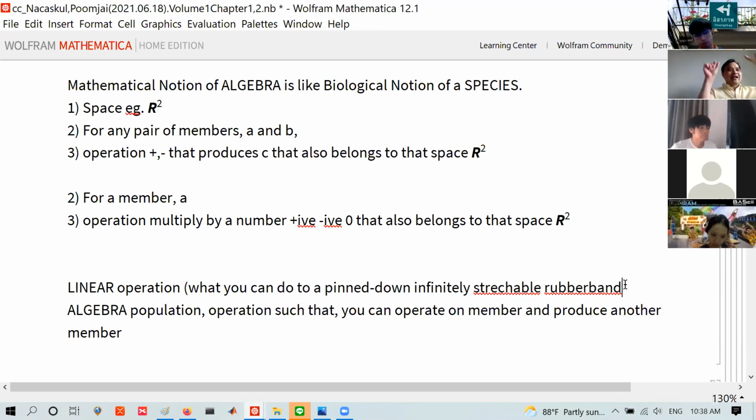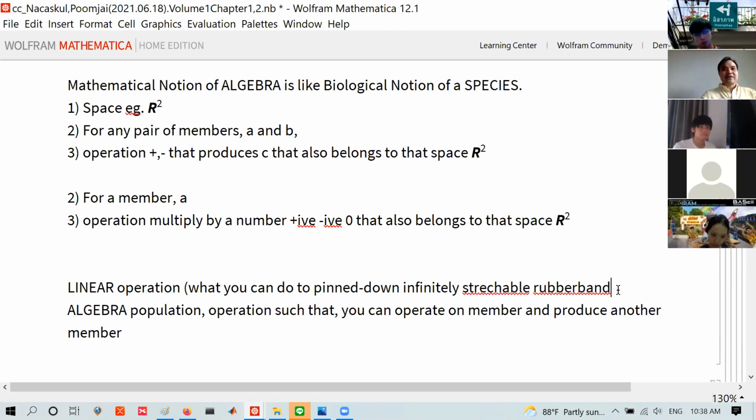So it's sort of like a two-step. You stretch X from 0 to the tip. Y, you put the pin at the head of that tip, and then you stretch it by the amount that would be Y, and then you have X plus Y, or A plus B. Okay, so linear is what you can do with a pinned-down infinitely stretchable rubber band.